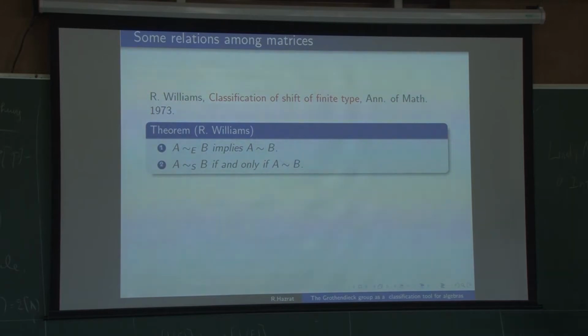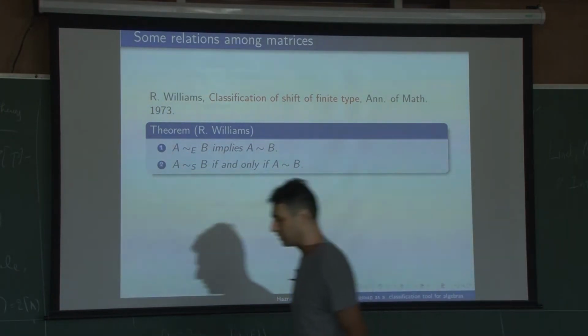He basically reduced working on this stuff to working with matrices. Okay, so now, as you mentioned, if A and B are elementary shift equivalent, you can prove that they are strong shift equivalent, and you can also prove that they are shift equivalent. So let me put this together.